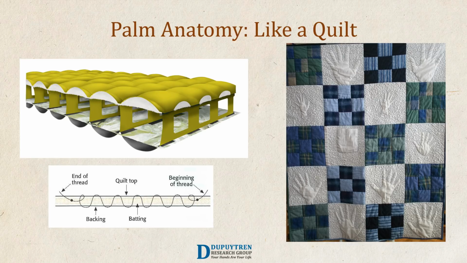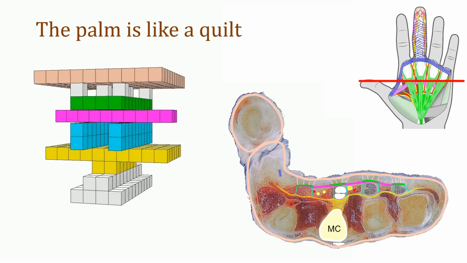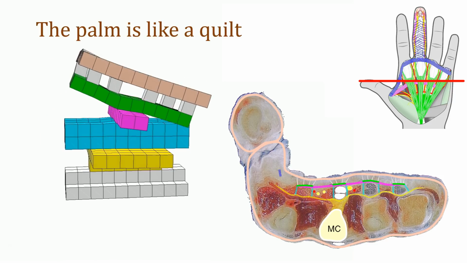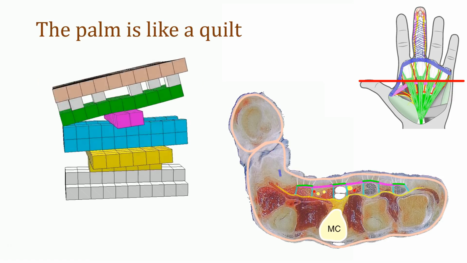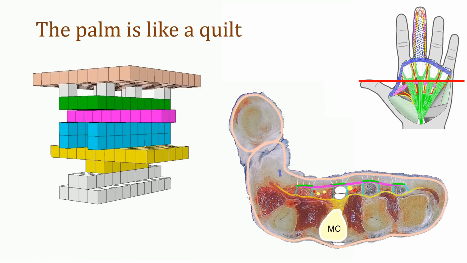And this is very similar to what we find in the palm. The creases in the palm of your hand and fingers are from attachments of the undersurface of the skin down to the deeper structures. And here we have this level of anatomy, and if we look at it in a three-dimensional view, this is kind of how things are put together, and they prevent the skin from sliding around because the layers under the skin absorb the stress and strain of moving the palm around.